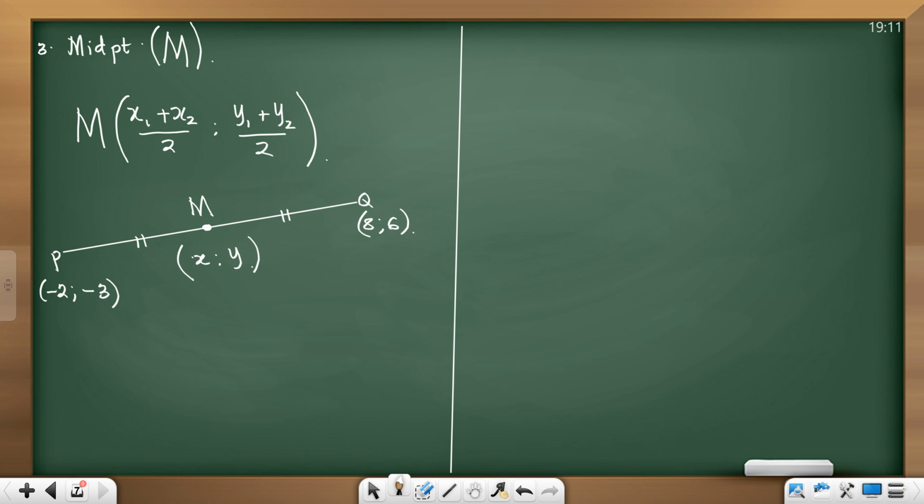We just throw in those values, x1 and x2. Start throwing in your values.